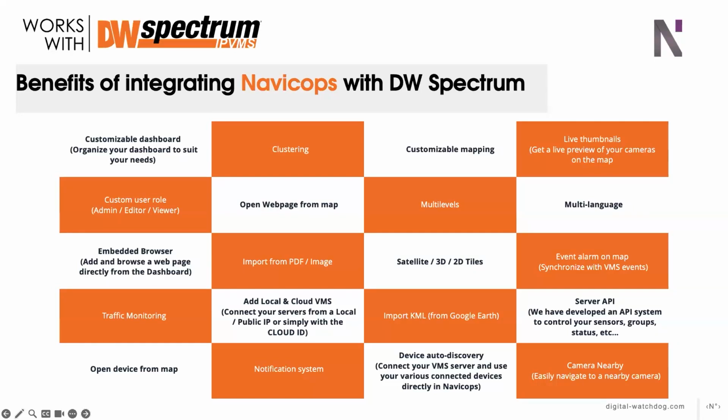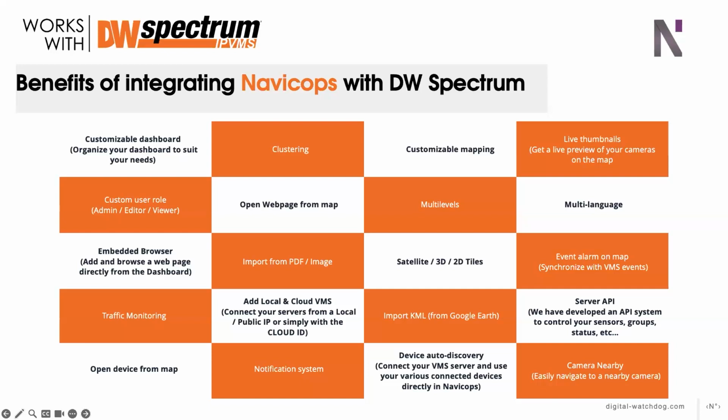Everything is customizable. You will be able to see that in the demo. There's multi-level mapping. You can open a web page directly from a map when you are integrating the map inside Digital Watchdog. There are multiple user roles to better manage your equipment.